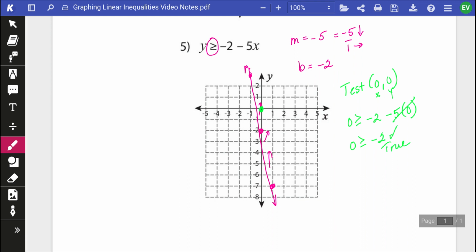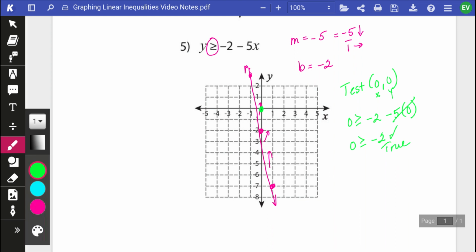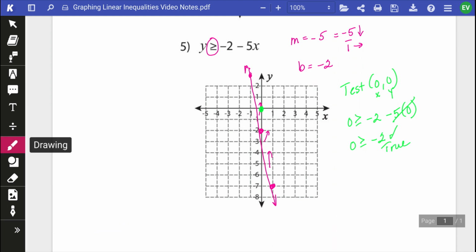Let's do a test point that's not in our solution set so that you can see what would happen. So let's test, I don't know, negative 2, 0. So negative 2 is our x, 0 is our y. Again, we're going to substitute it back into our original inequality. So we get 0 greater than or equal to negative 2 minus 5 times negative 2.